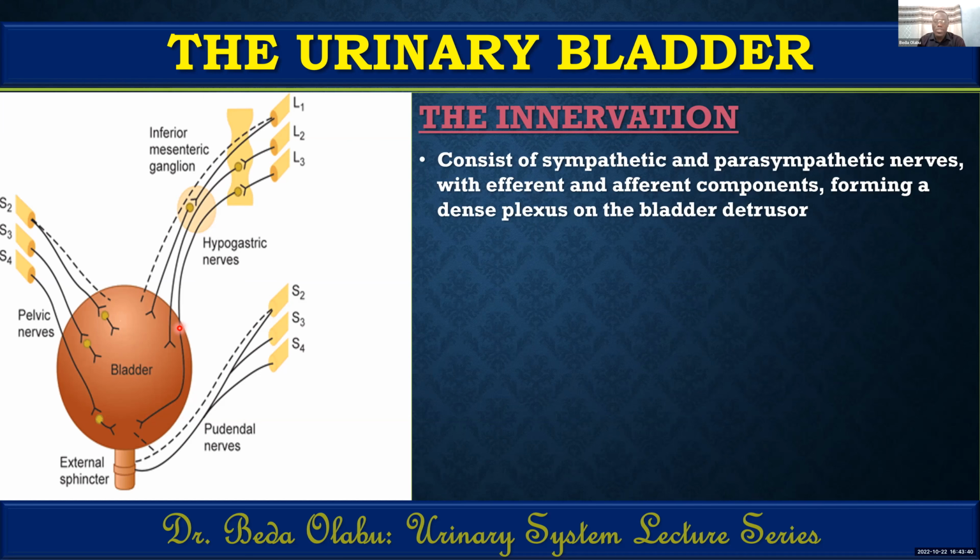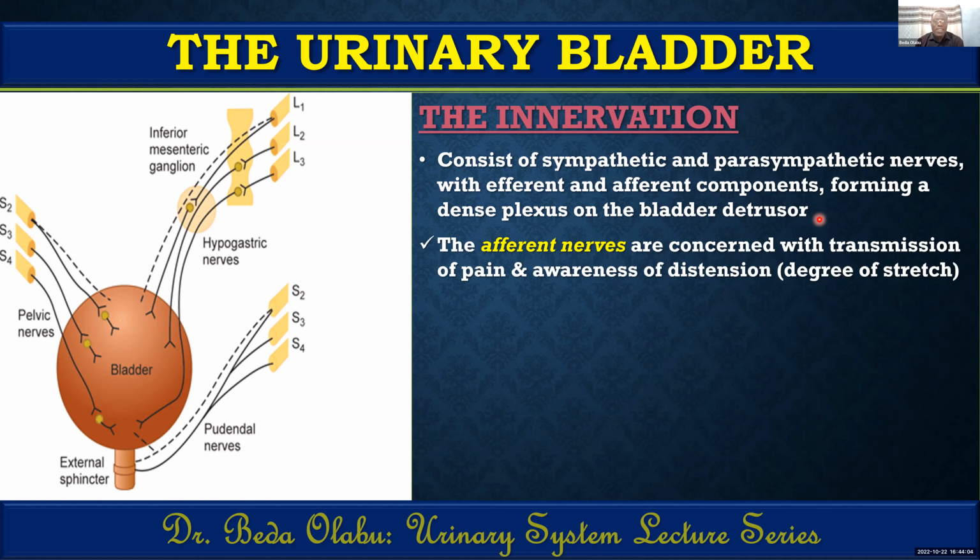The nerves that go to the urinary bladder, we have both sympathetic as well as parasympathetic nerves. And they have both efferent as well as afferent functions. They form a very dense plexus on the wall of the urinary bladder, especially within the muscle layer.